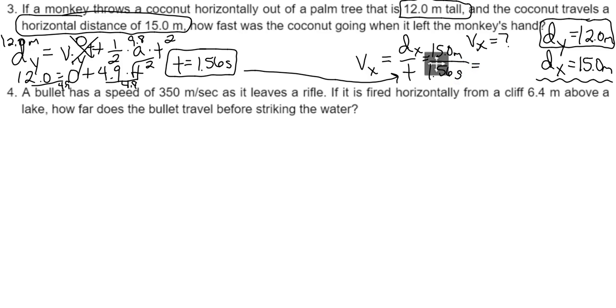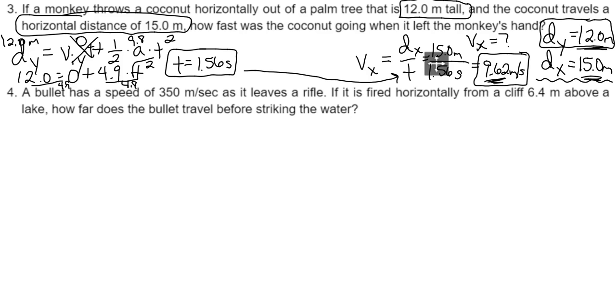And if I plug that in on the calculator, I am going to get approximately 9.62 meters per second. Notice 3 significant figures because both of my initial pieces of information had 3 significant figures. So that is the velocity that the monkey threw the coconut out of the tree.